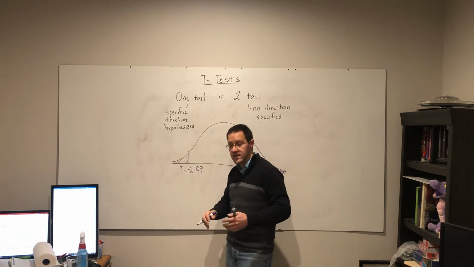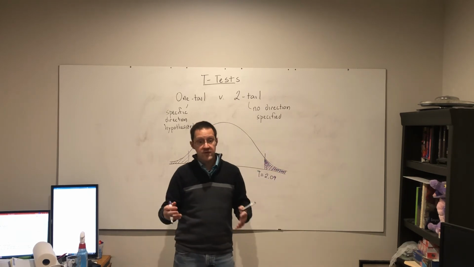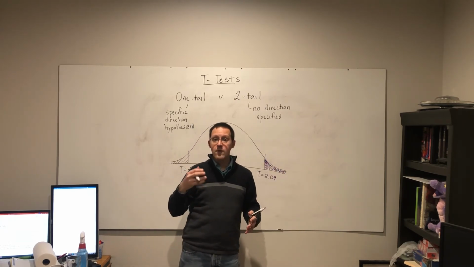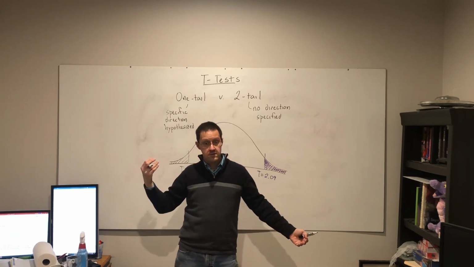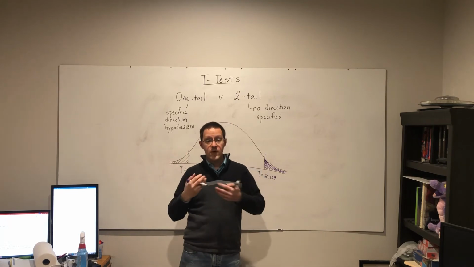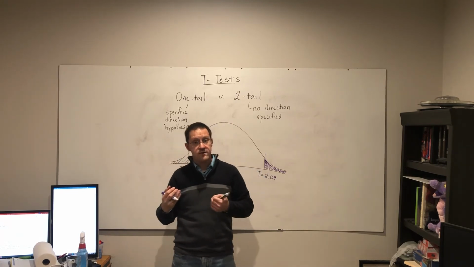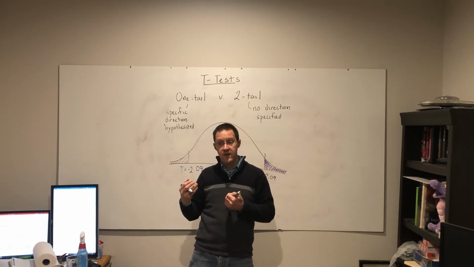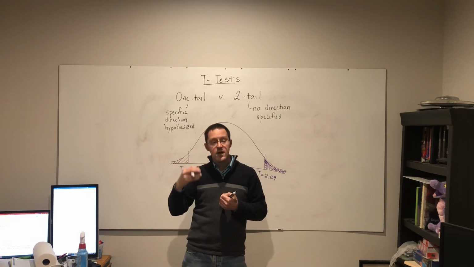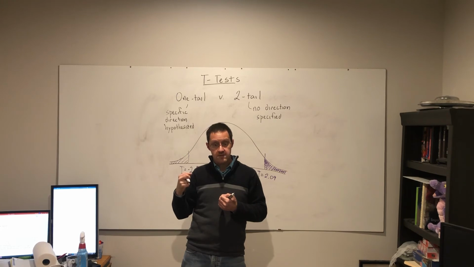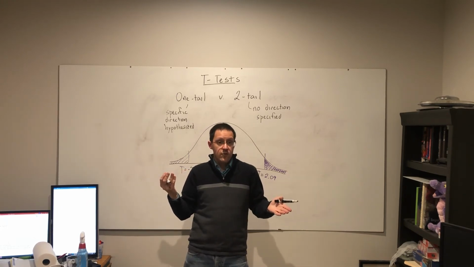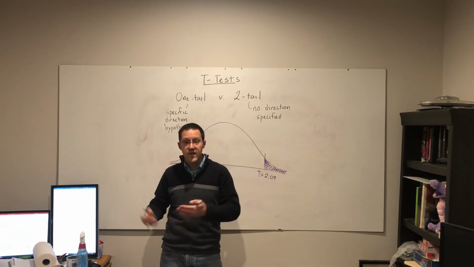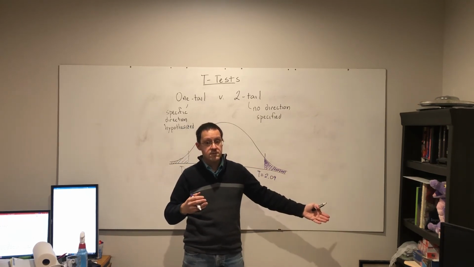If I am just saying they're equivalent, there's no difference, then I am allowing the possibility it could be higher or it could be lower. So when I am looking at the two sample t-tests, West Virginia versus Kentucky, I don't have any particular reason to suspect one's higher than the other.